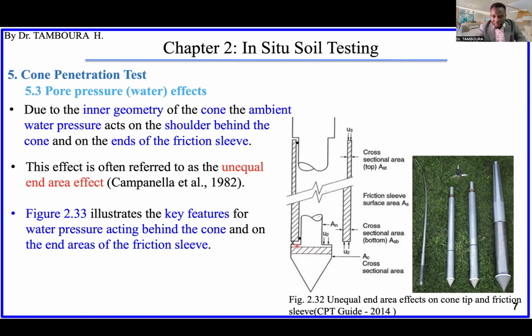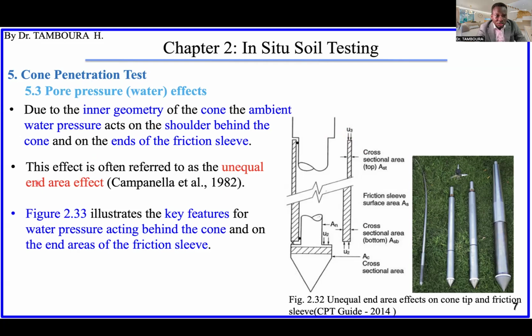Between here, the connection between the sleeve and the cone, we have what we call U2. That means the pore water pressure is measured here. You can see the beginning is here and the end is here.